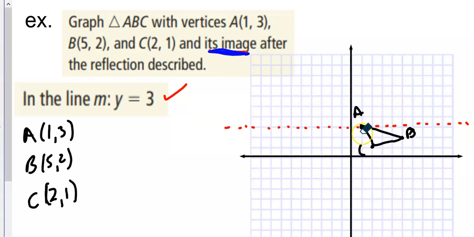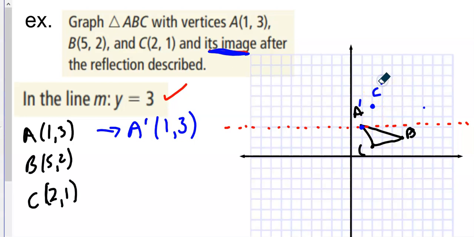Well, hopefully you see here, A is actually on the line of reflection. So A prime is that one special case where it doesn't change at all. So this is also going to be A prime. Okay. So now I need to see this distance here. This is going to go up 2, because again, remember, it's the perpendicular bisector, so the distance should be the same away from the line of reflection.